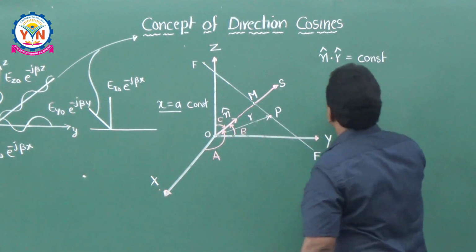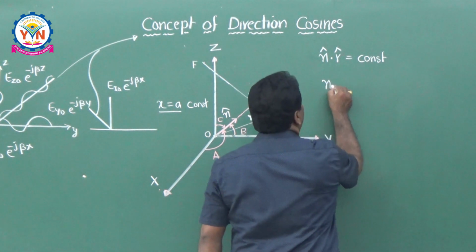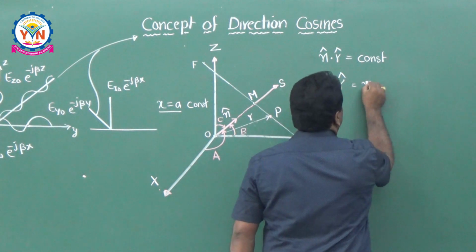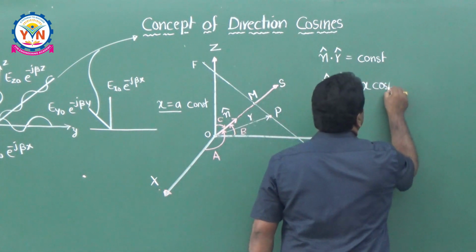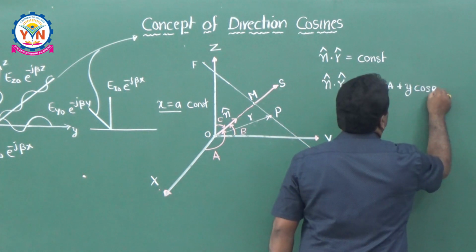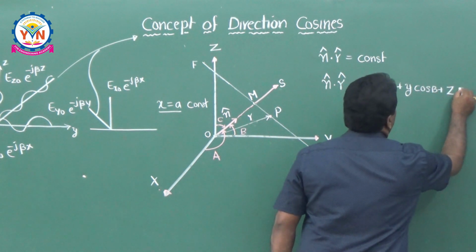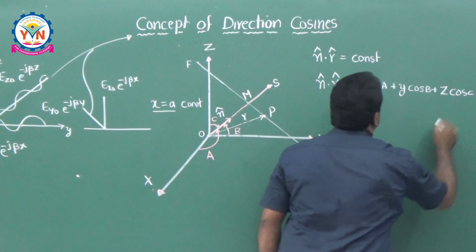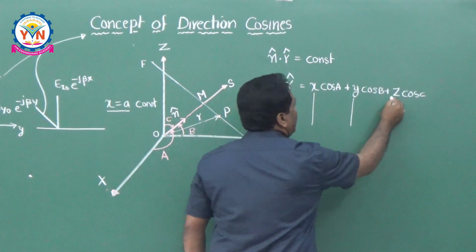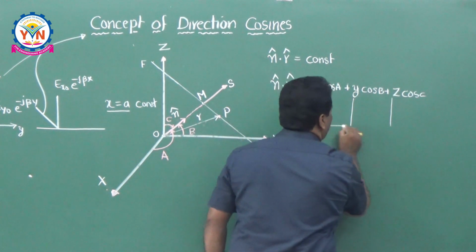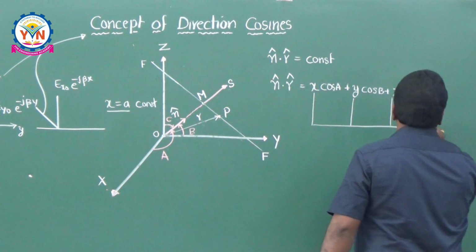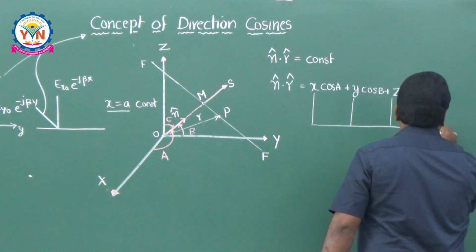So I can say n dot r bar is equal to x cos A plus y cos B plus z cos C. And here remember, these x, y and z are nothing but the components of r in x, y, z directions.